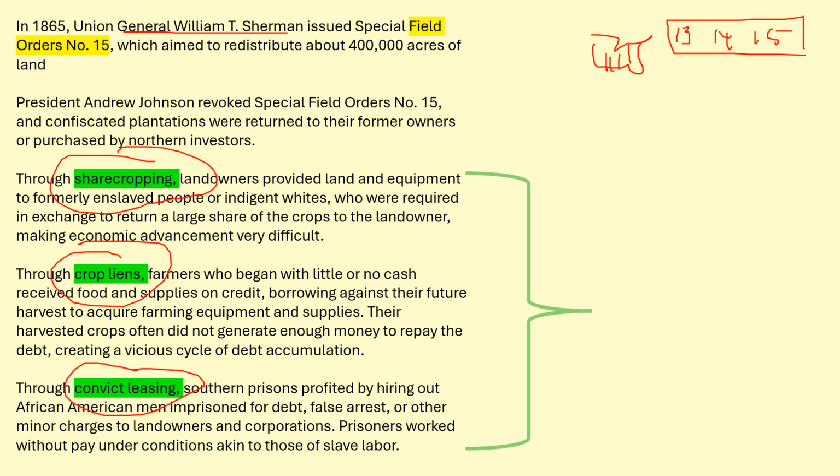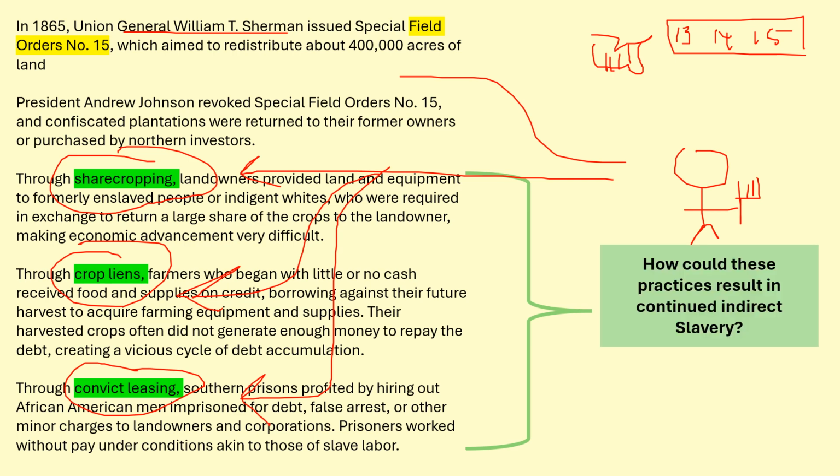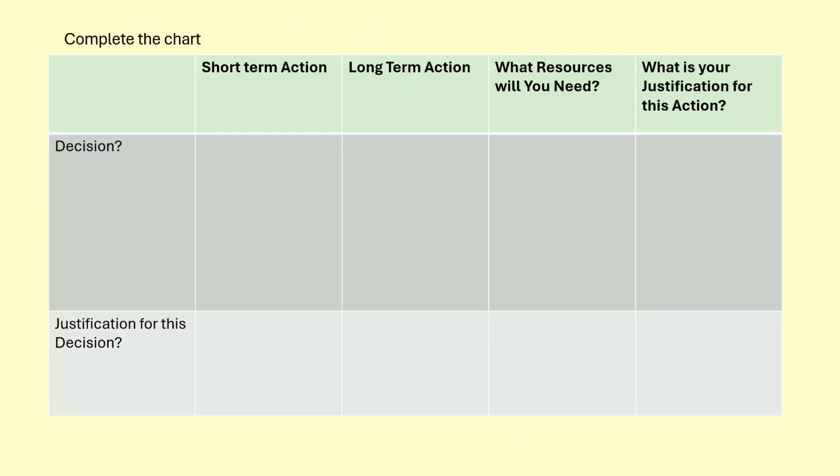Pretty much what he's asking for is the redistribution of land, because then that land could be given to the freedman, and then that individual would be able to work and provide for his needs and wants. If this does not happen, the freedman might be subjected to some of these indirect methods of forced servitude. Question you want to think about: how could these practices result in continued indirect slavery?